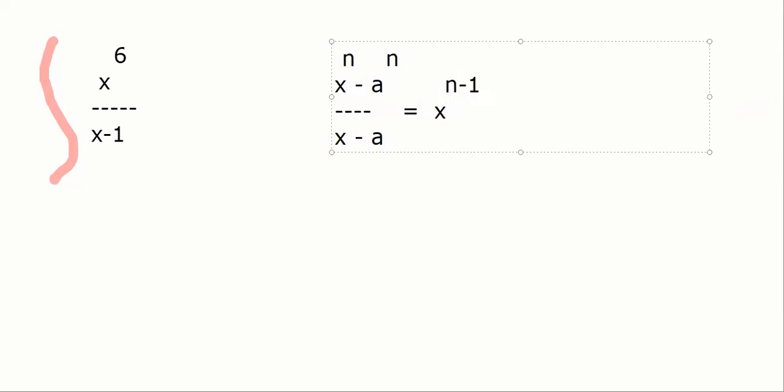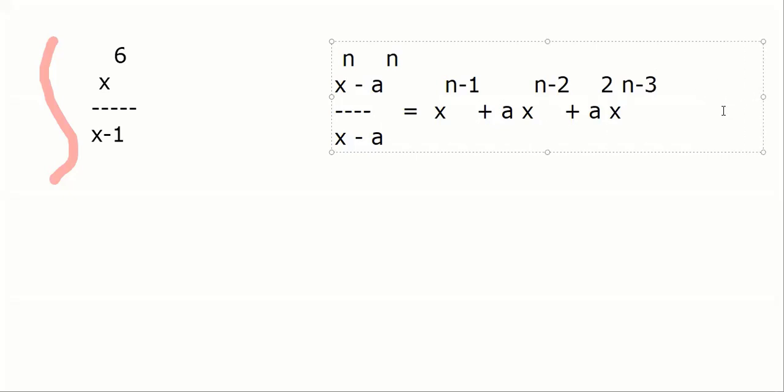Then a into x to power n minus 2, right? This becomes very useful here because you get rid of the denominator. That's the main point. Plus a square, it goes on, dot dot dot.